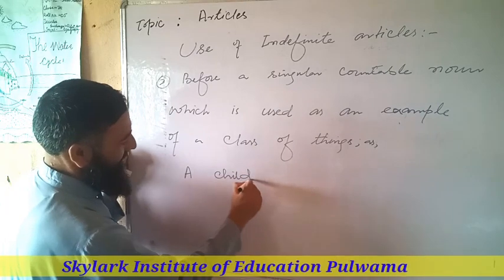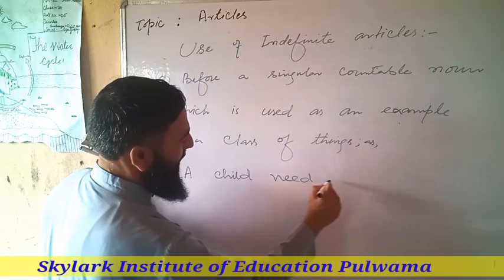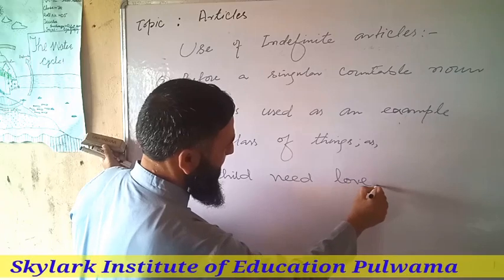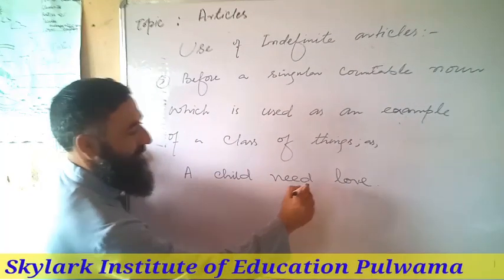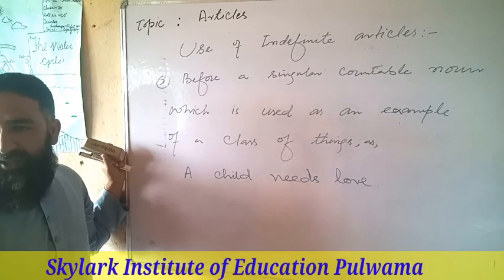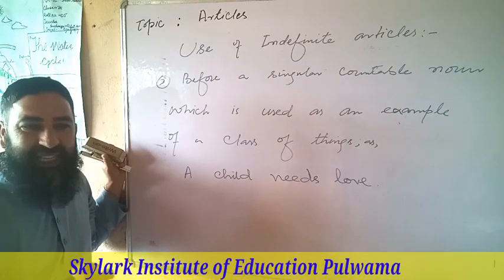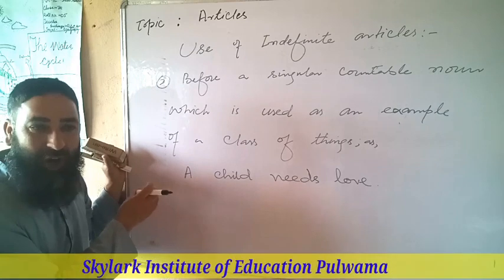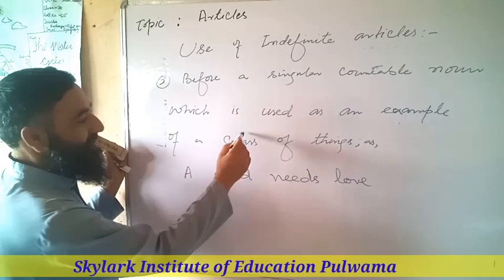A child needs love. See, a child needs love. There is "a". A child needs love means all children need love. This means all, where class here means group.